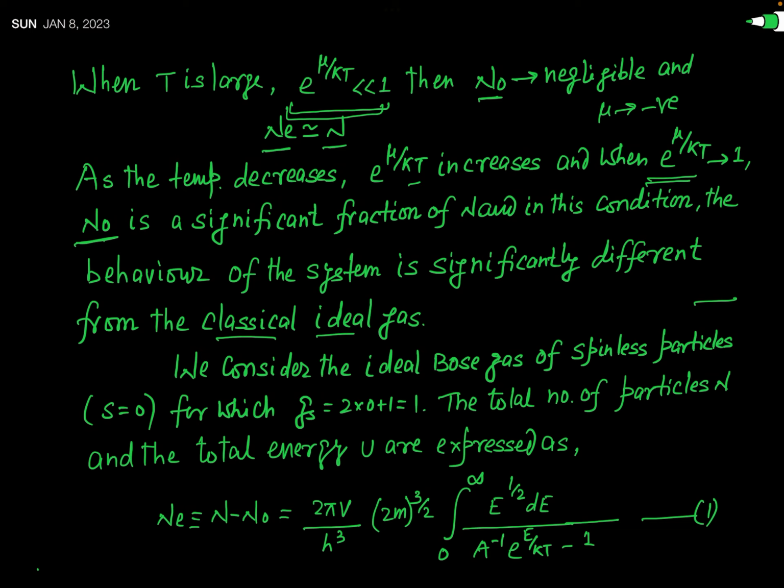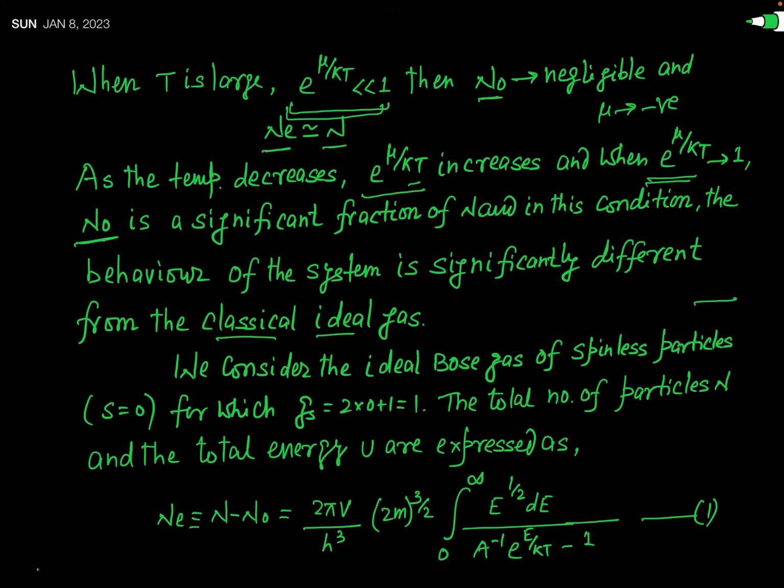But when temperature decreases, the value of e to the power mu by kT increases and tends towards 1, which is its maximum value. In this condition, there will be a significant number of particles in the ground state, and the behavior of the ideal Bose gas is very different from the Boltzmann gas.